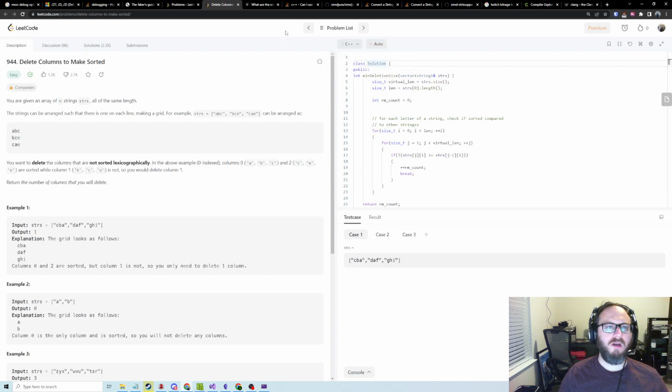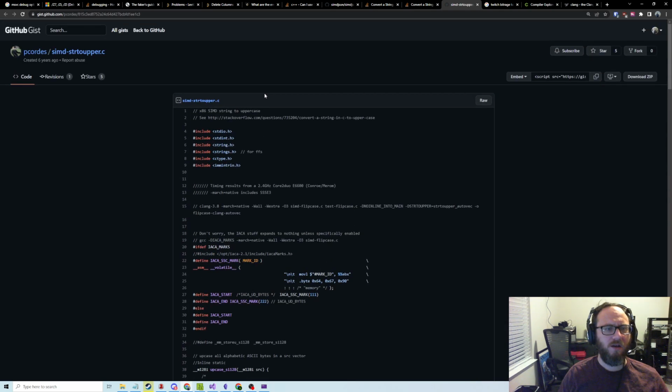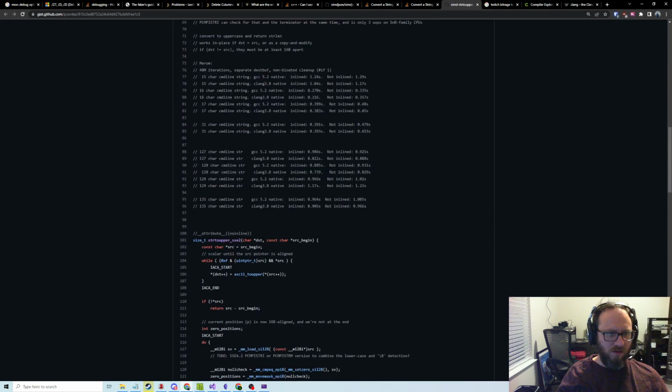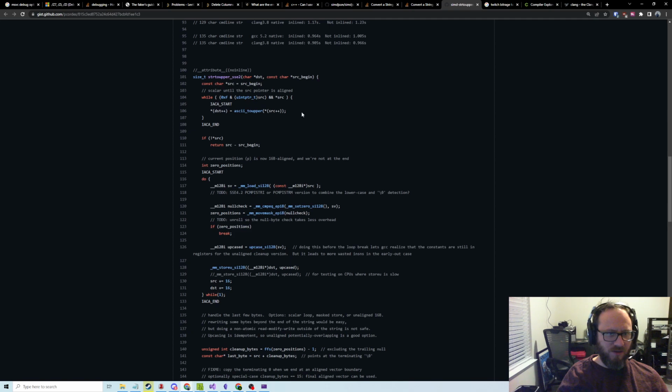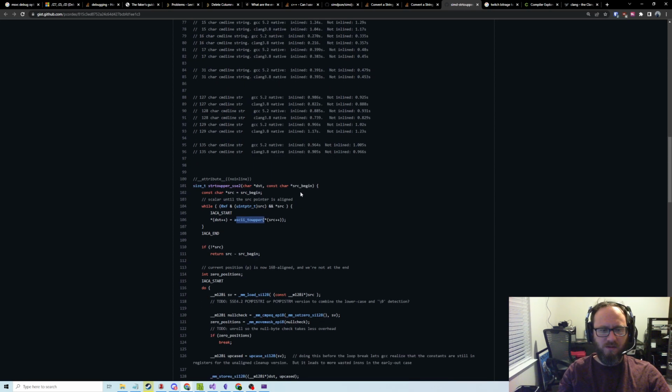All right. I know there's this thing I saw on Stack Overflow a while back where this dev was using SIMD to write a to-upper function for strings. So I know that you can do string manipulation with SIMD.